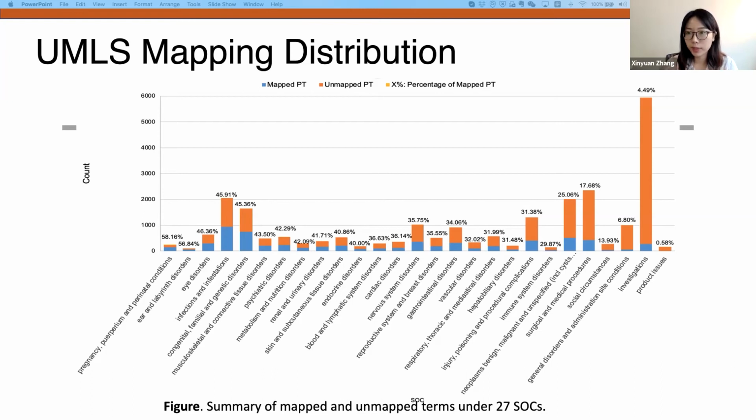We believe that is because of the different scope of the two terminologies, because the investigation SOC describes concepts related to medical conditions and qualitative results. So it could be out of the scope of ICD, but we didn't rule out that SOC during our evaluation because there are still 5% that are mapped.